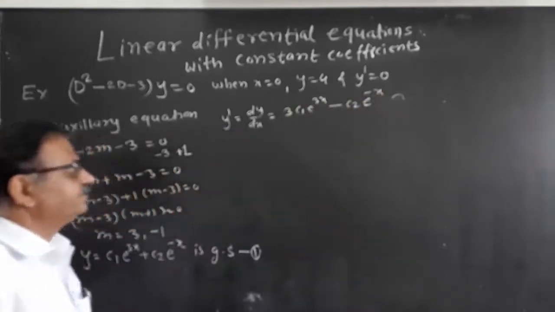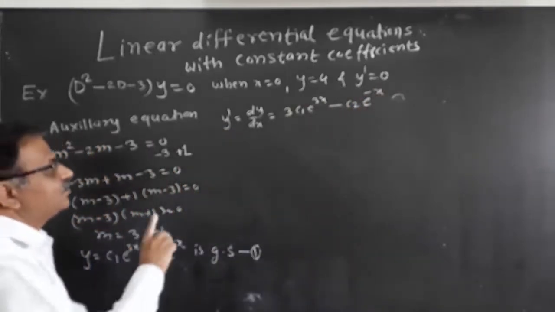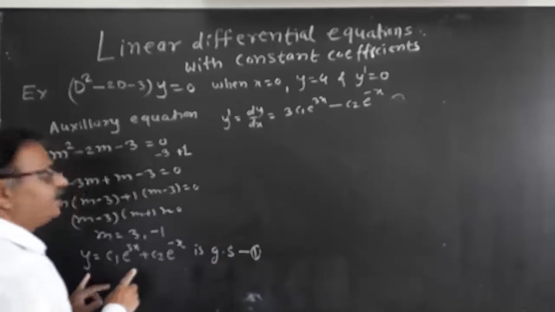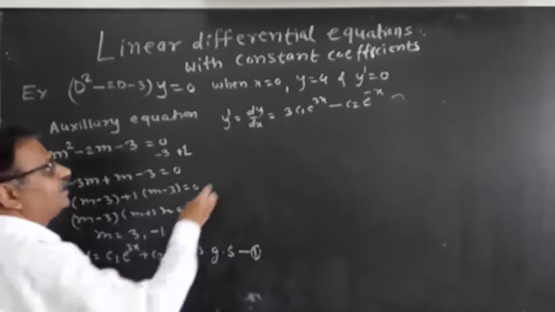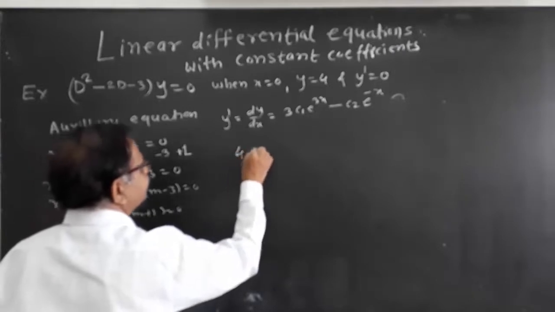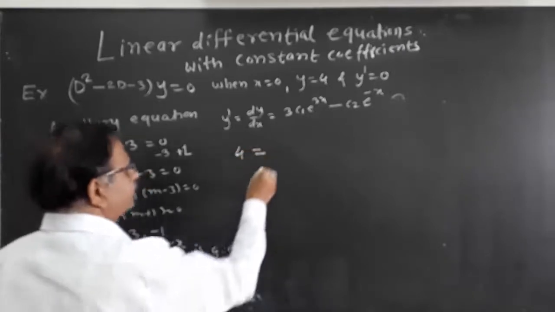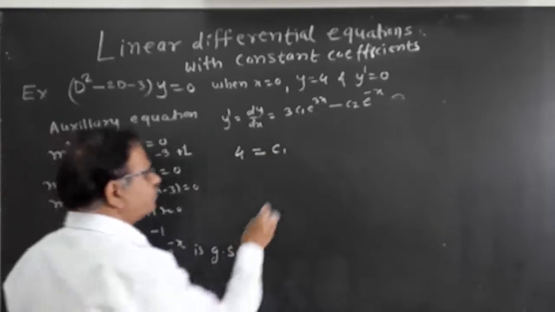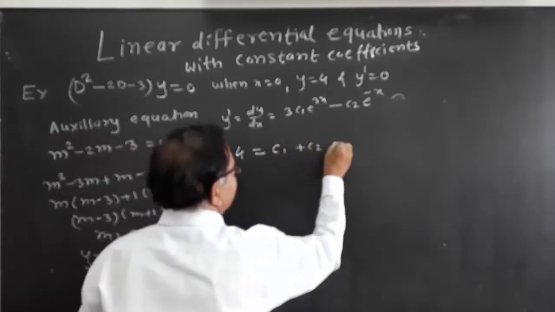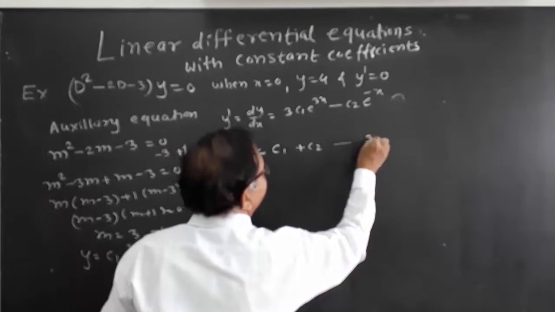This is the derivative. Now, when x equal to 0, y equal to 4, therefore we can obtain the relation 4 equal to c1 e raised to 0 plus c2 e raised to 0. This is equation 3.